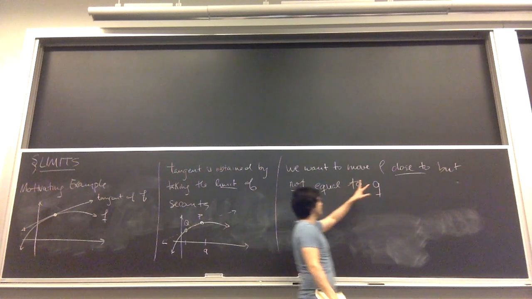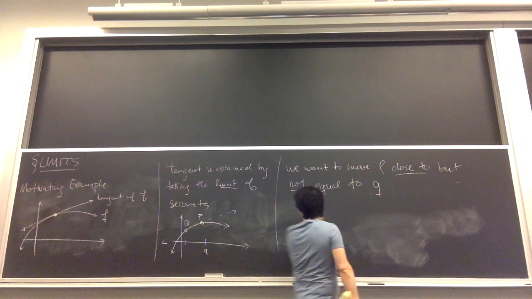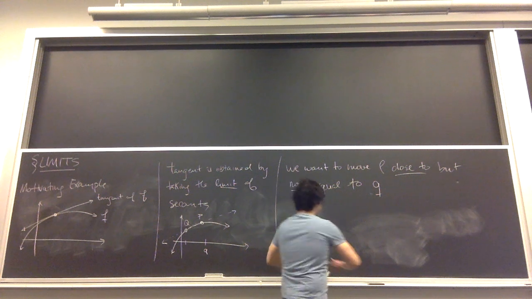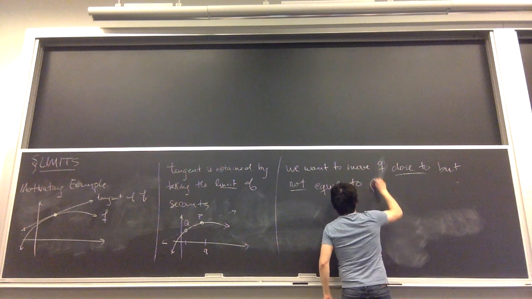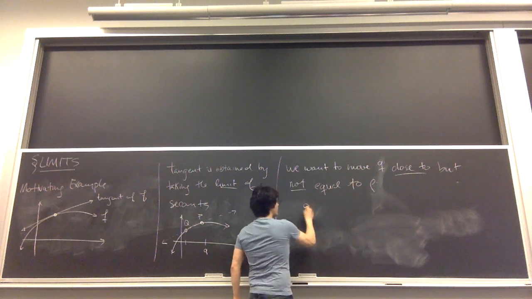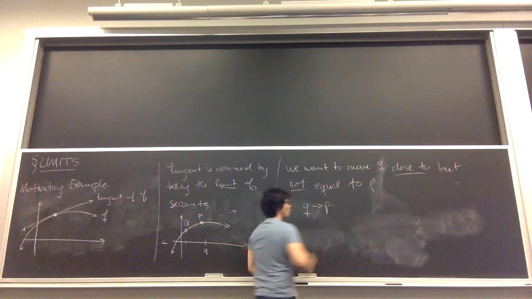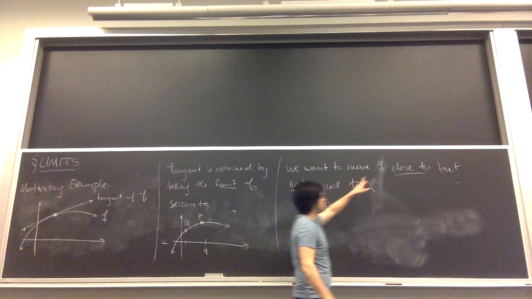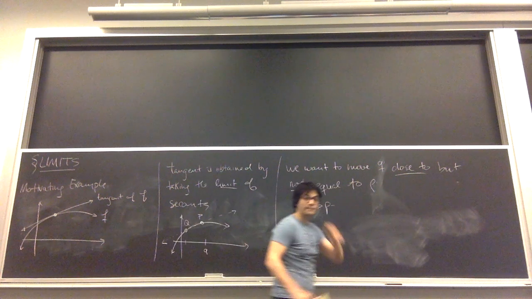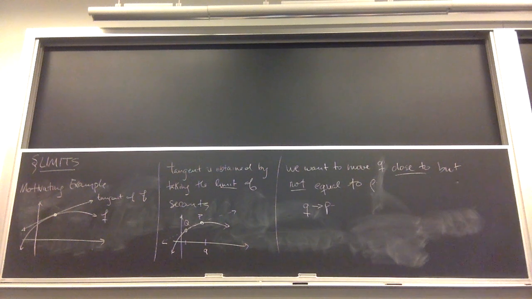Why is it important that Q, did I reverse this? Yeah, I think I did. It's just reversed from the picture. Right, so I'm trying to move Q towards P. Why is it important in this example that Q can't be equal to P? So ask yourself, what am I using P and Q to do in this case?